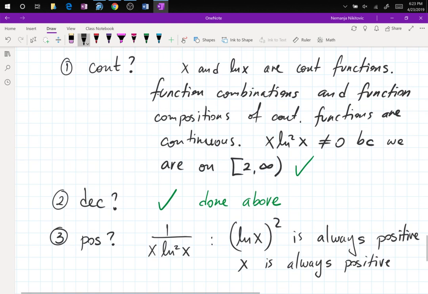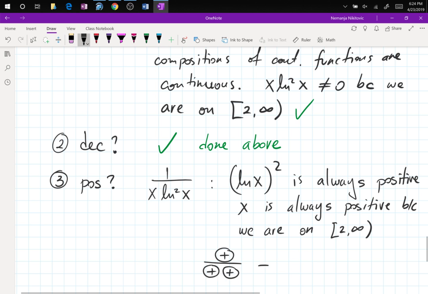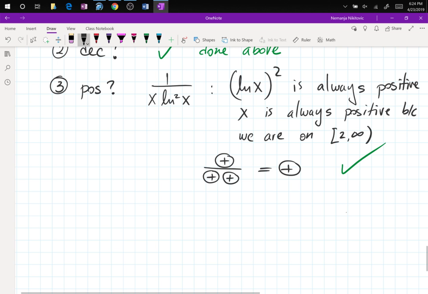Yes, because, very good, because we are on 2 to infinity. Excellent. So we proved that both of those pieces, and now what do you have? You have positive divided by a positive times a positive. That's equal to a positive. So we just get to check this off. We're done.